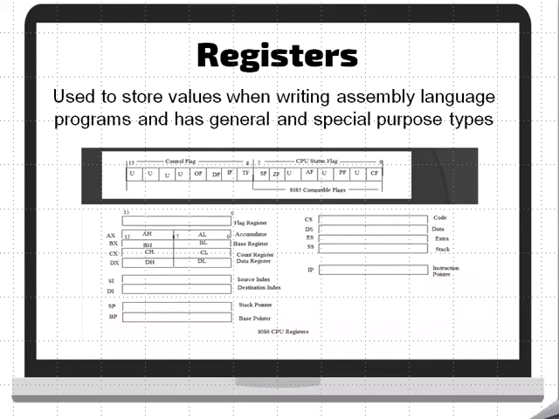Aside from this, we also have registers, which are used to store values when writing assembly language programs and has general and special purpose types. For example, we have the accumulator register, the base register, counter register, and data register for general registers, and for the special purpose registers, we have segment registers, pointer registers, and index registers.